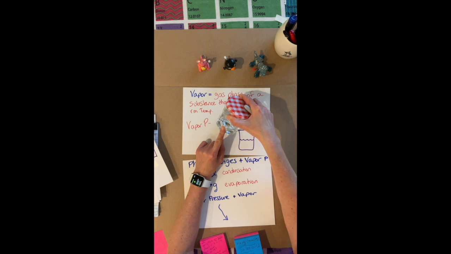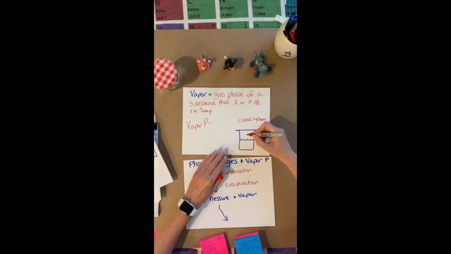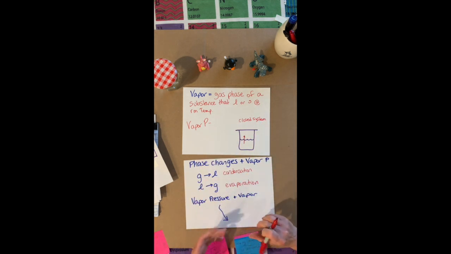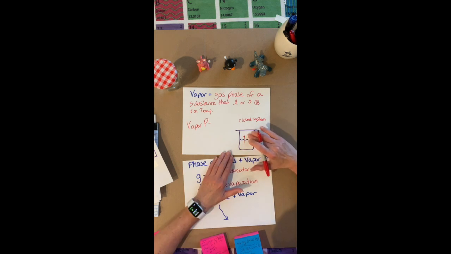If you said nothing's going to happen to it, you would be right. Because even though the water in that jar is constantly evaporating at some rate, the vapor phase of that water is trapped below the top of that container. So there's vapor pressure being exerted above that liquid.